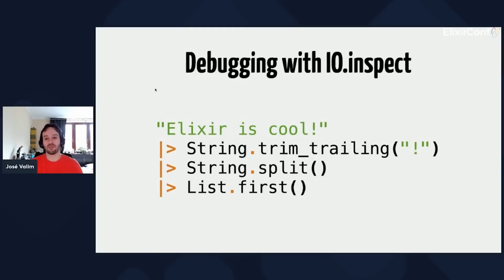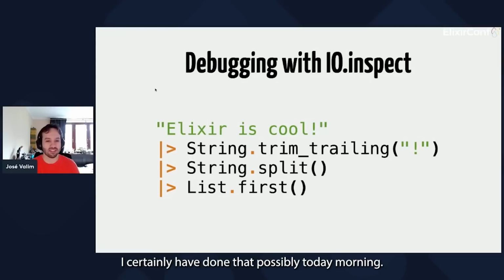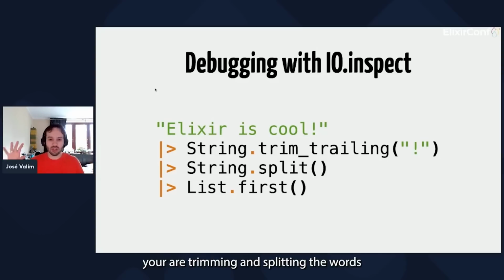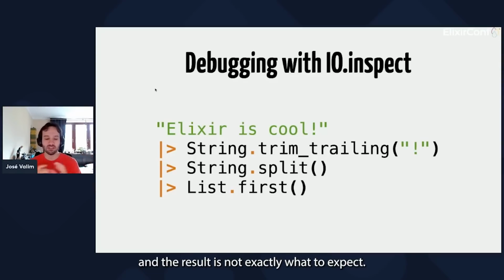So dbg. Who here has done IO.inspect debugging? I certainly have. Possibly this morning, I've already done some IO.inspect debugging. Imagine that you have this pipeline: you have Elixir School, you're trimming, you're splitting the words, you're doing something with this pipeline, and the result is not exactly what you expect.